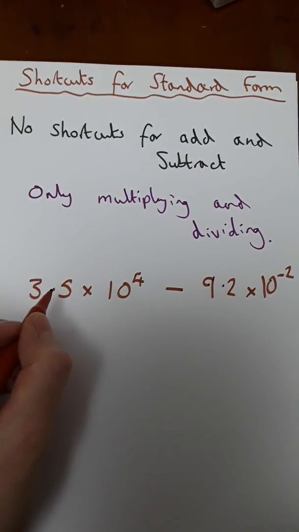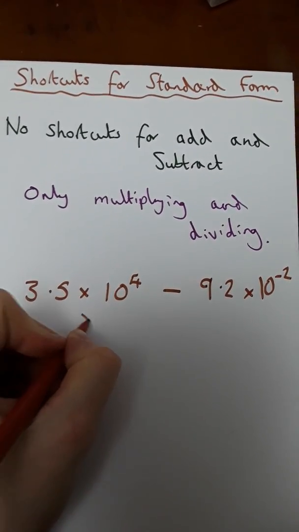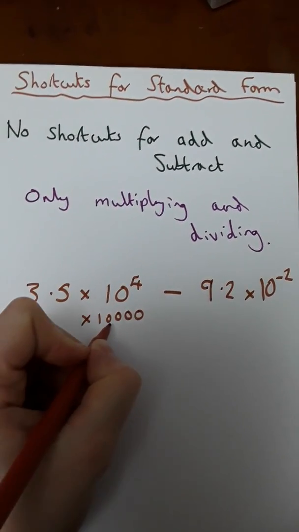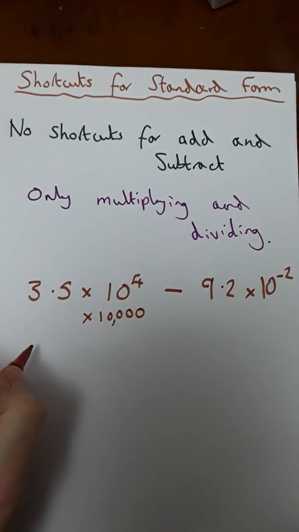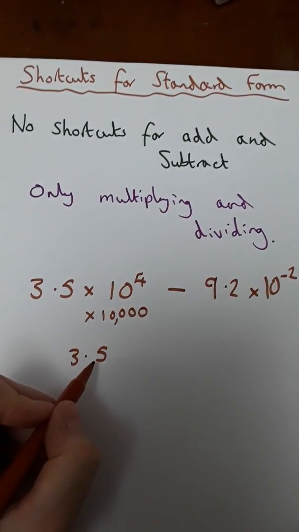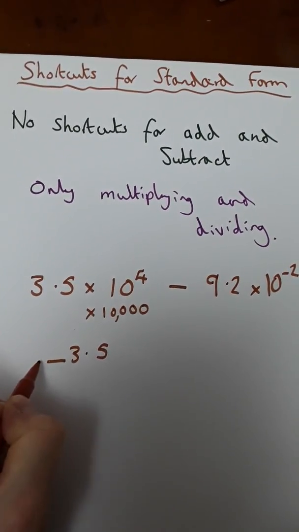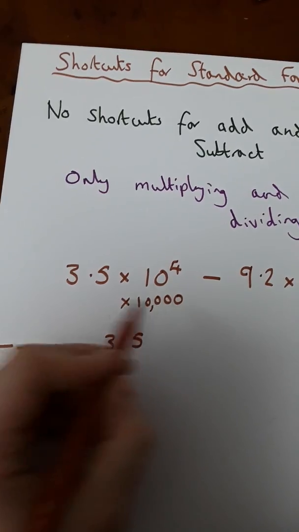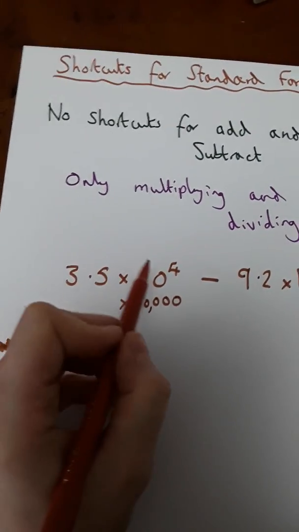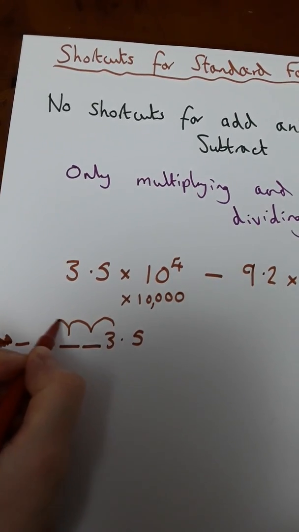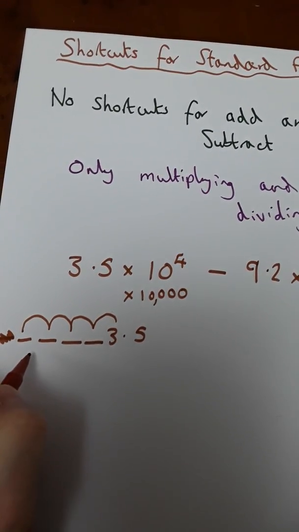So for instance here I've got 3.5 times 10,000. So I'm going to end up with 3.5 and my 3 is going to move 4 places forwards, using my marbles. So my 3 is going to go 1, 2, 3, 4 places and it's going to sit here.